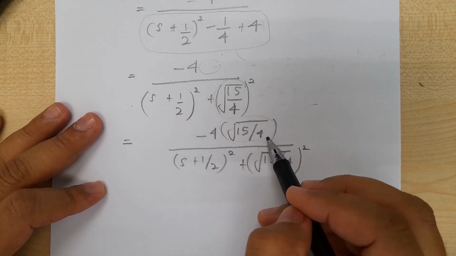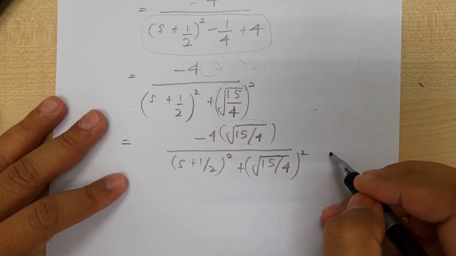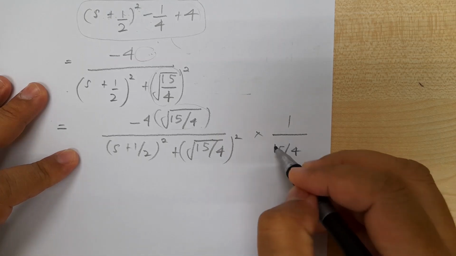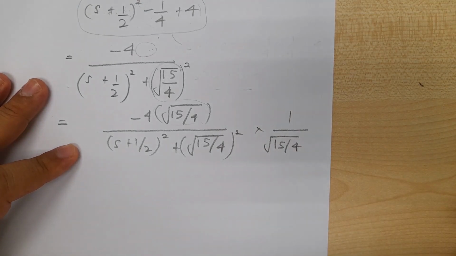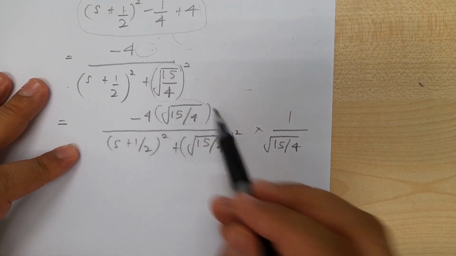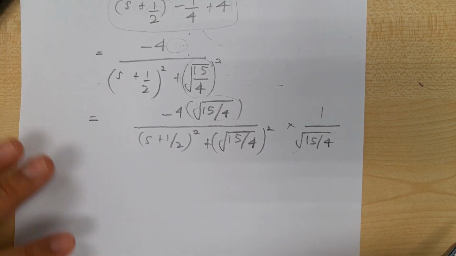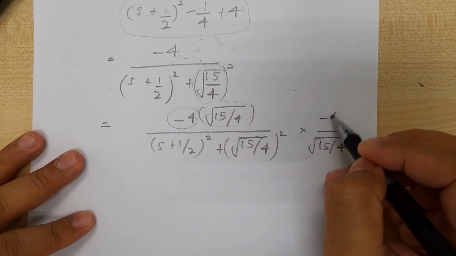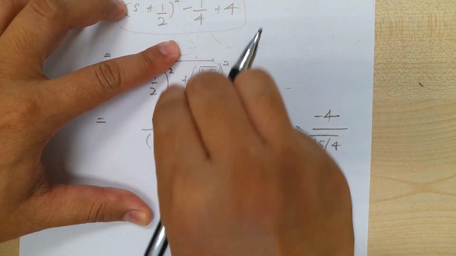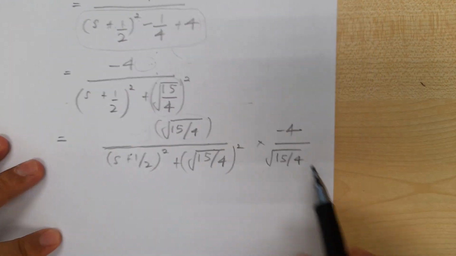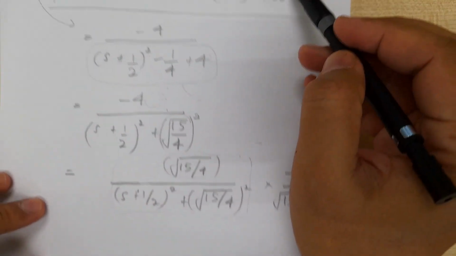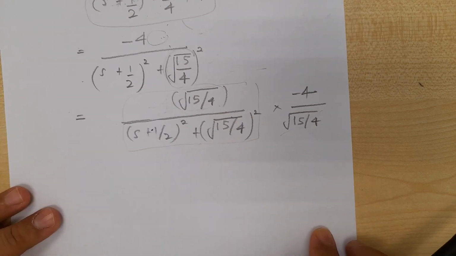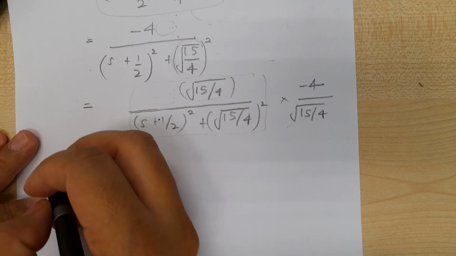Since we put it up here, we also have to put it at the back to compensate, because if we cancel this, we get the same as this. Then we bring this to the back so we can clearly see that this term looks exactly like this.